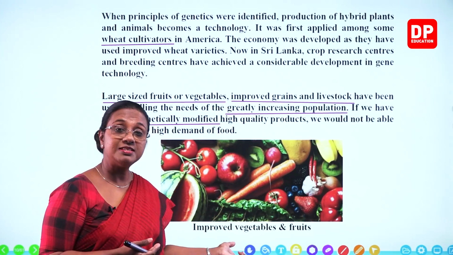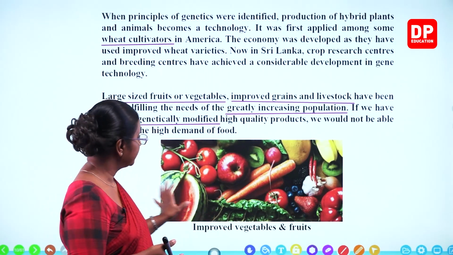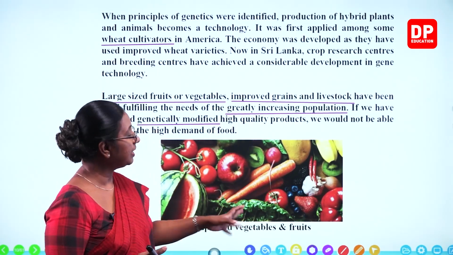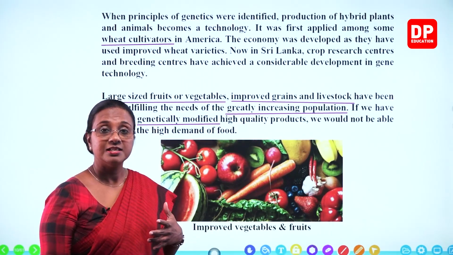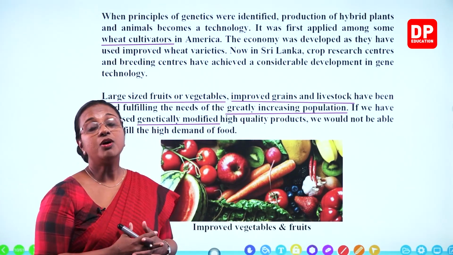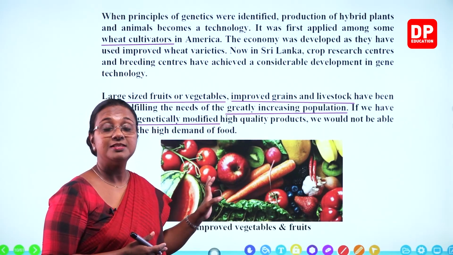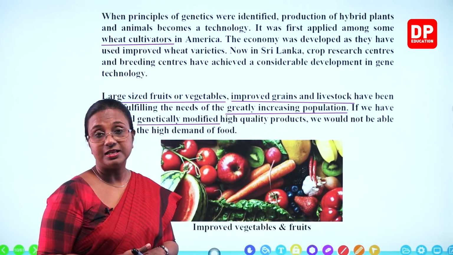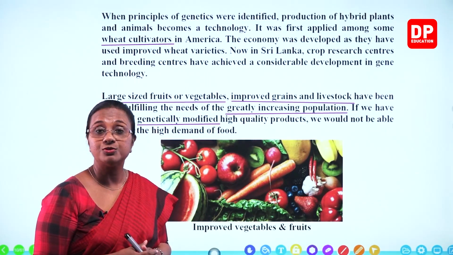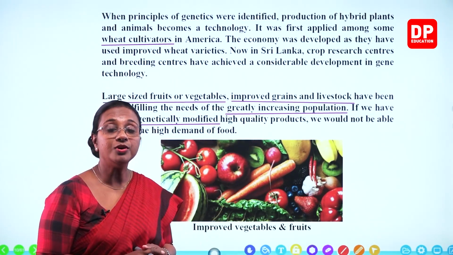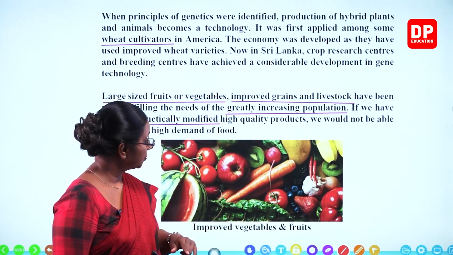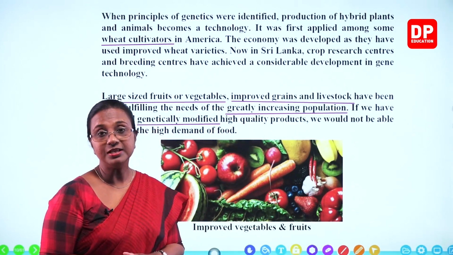If they don't have a seed, then you can see. But just by looking at it randomly, you cannot say whether it's genetically modified or not. But there are so many fruits and vegetables that have been genetically modified and are very useful to us. So you have to remember that. So with that, I will move on to the next slide.